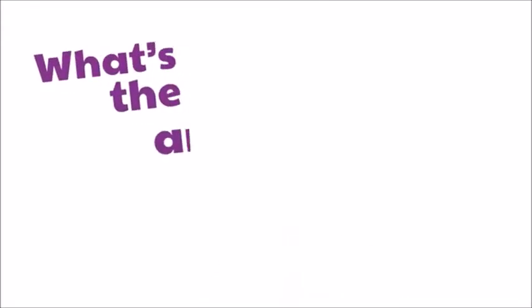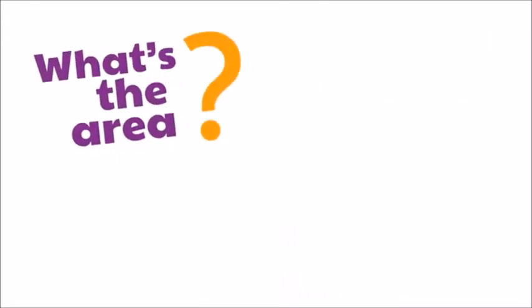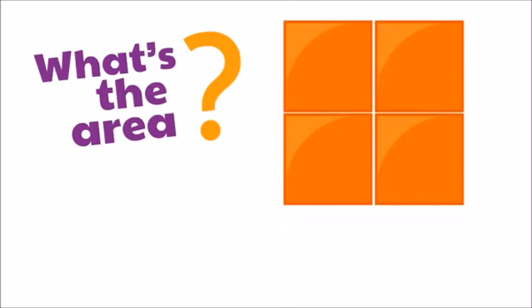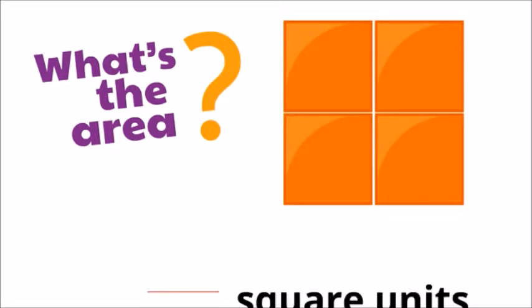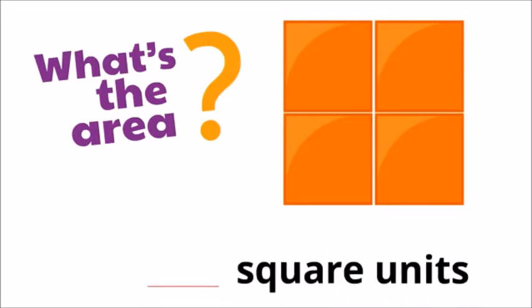This should be fun. Let's play a game called What's the Area? We want to find the area of this shape. What kind of shape is this? Yeah, a square. Remember, the area of a shape is the space inside of the shape. We are going to measure the area of the shape using square units.